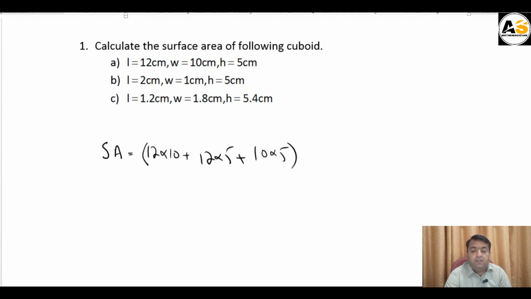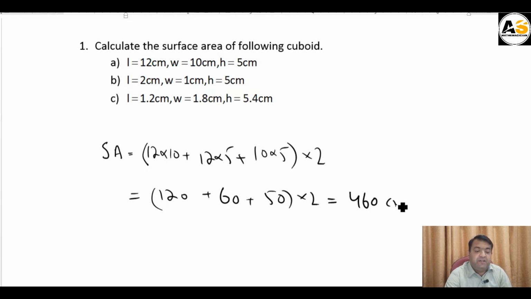We add them all and multiply by 2. What will we get? 120 plus 12 5s are 60 plus 10 5s are 50, multiplied by 2. And this will give us 460 centimeter square.